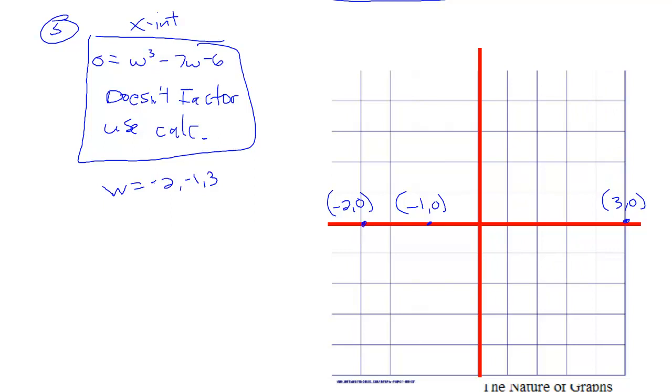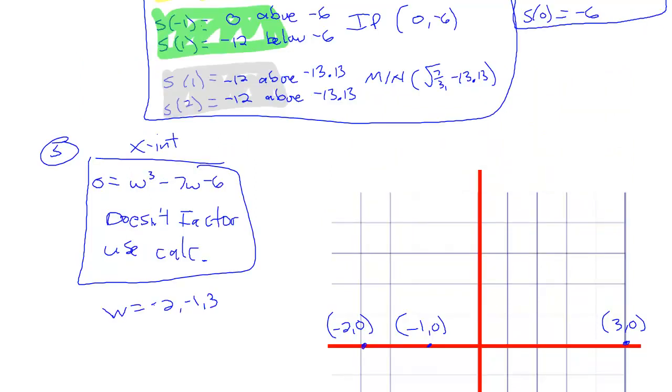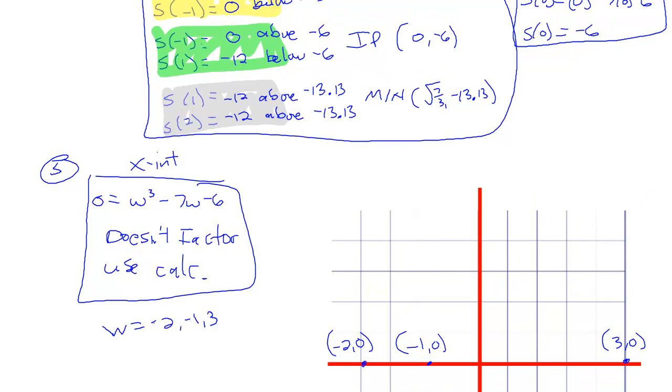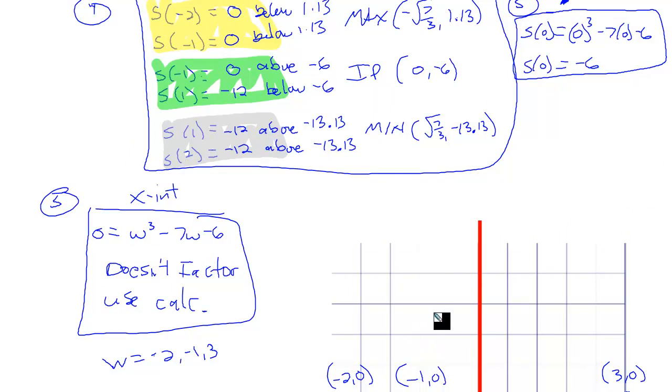And then my critical points: I had a maximum at negative square root of 7/3, 1.13. Let's say that's here.